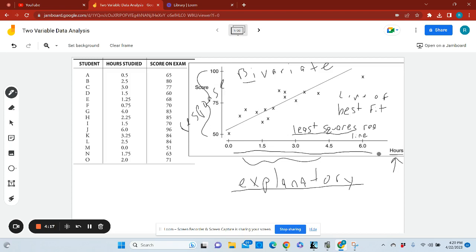So essentially, as your x variable or your explanatory variable increases, your response variable tends to increase. It's not a perfect relationship, but if you look at the general trend in these little X marks here for the bivariate data, you're going to see that generally the students who were studying more, basically those students who are further to the right on the x-axis, also tend to be higher up on the y-axis, right?